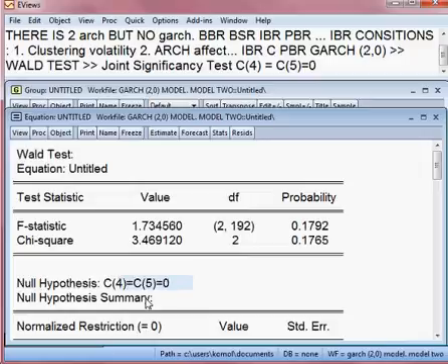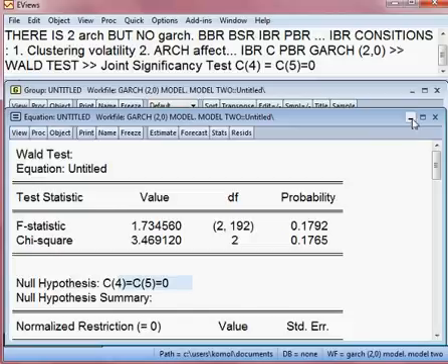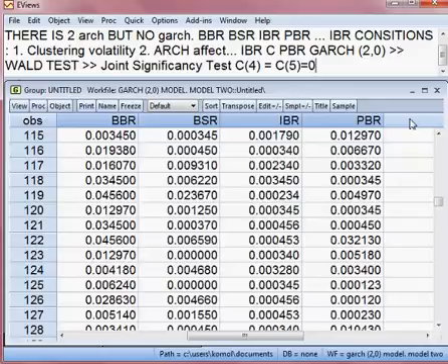In other words, internal causes such as ARCH1 and ARCH2 jointly do not influence the volatility of the Indian bond return. So that we have seen here from the Wald test.